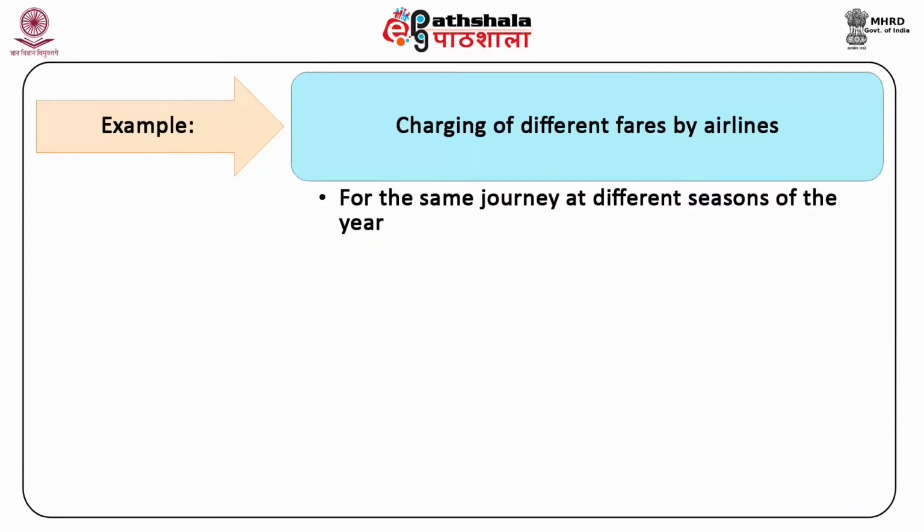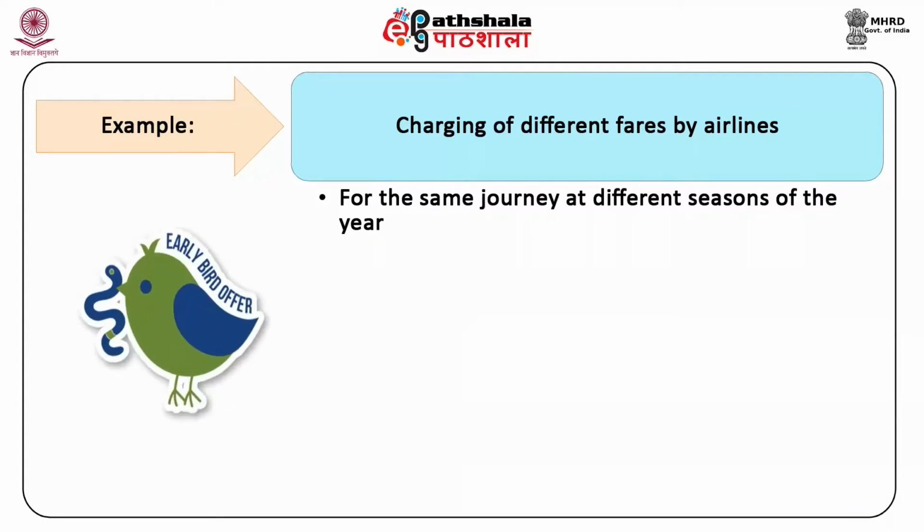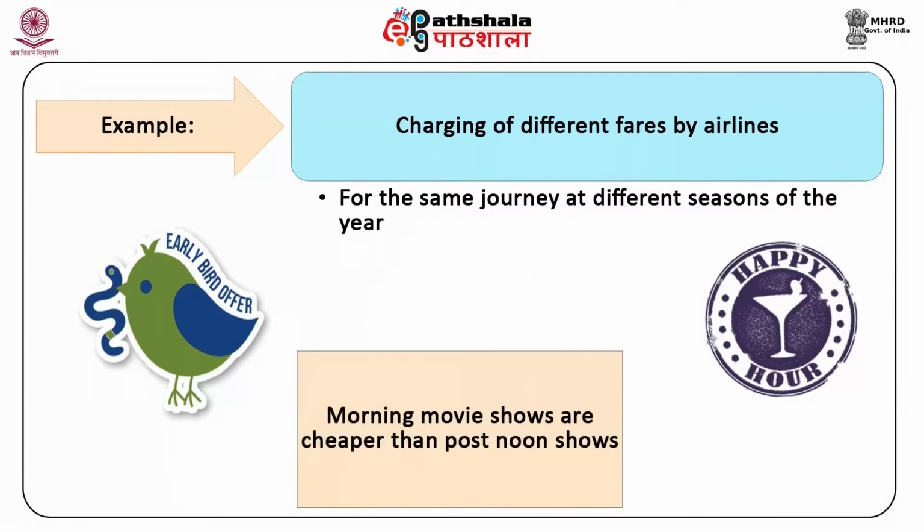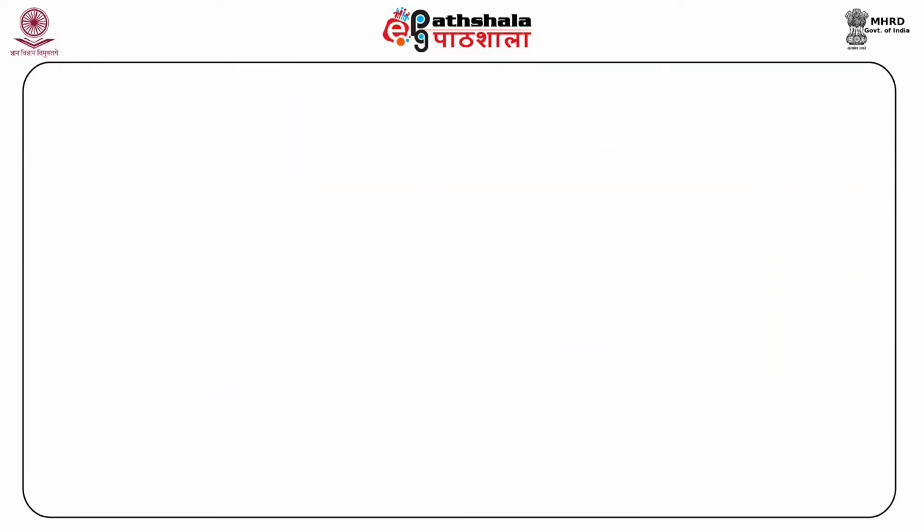Similarly, restaurants offering early bird dinner offers or happy hour discounts also practice intertemporal price discrimination. Morning movie shows are generally cheaper than post-noon shows, again reflecting intertemporal price discrimination. Consider an example of a movie theater.